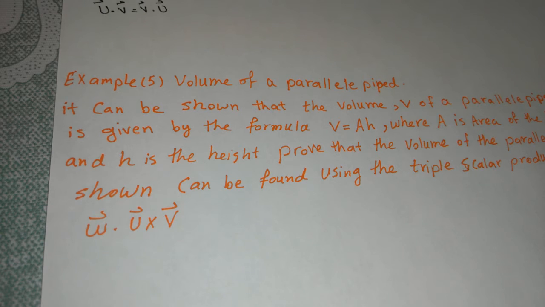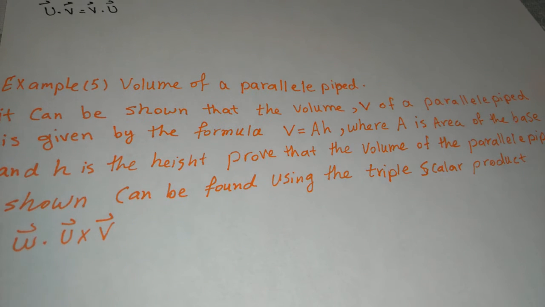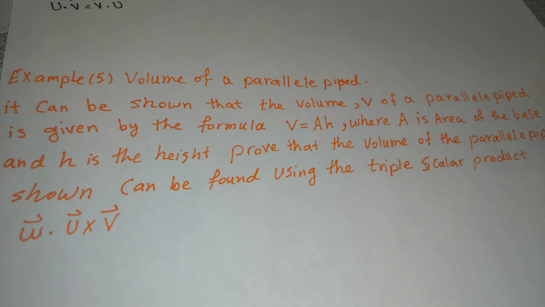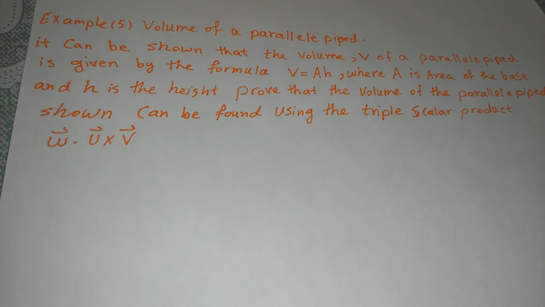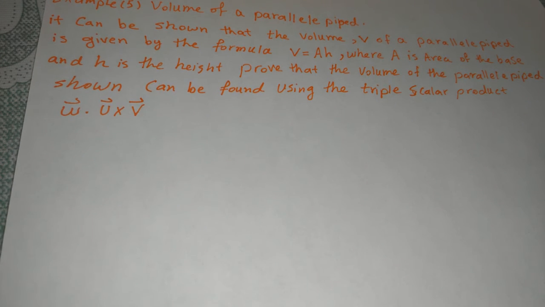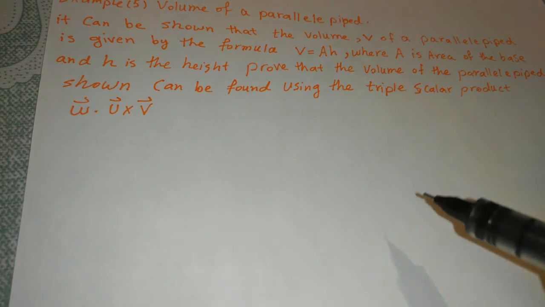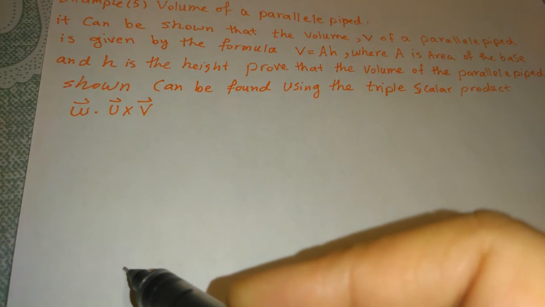Now, next one is the volume of the parallelepiped. Show that the volume V of the parallelepiped is given by a formula, where A is the area of the base and H is the height. Prove that the volume of the parallelepiped can be found by this. Okay, we have a parallelogram.